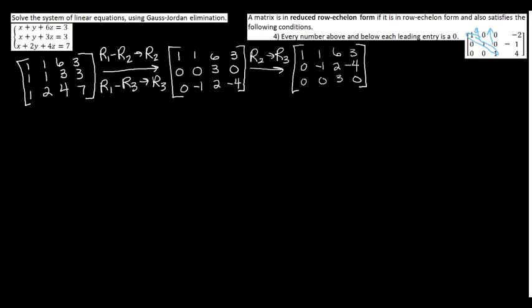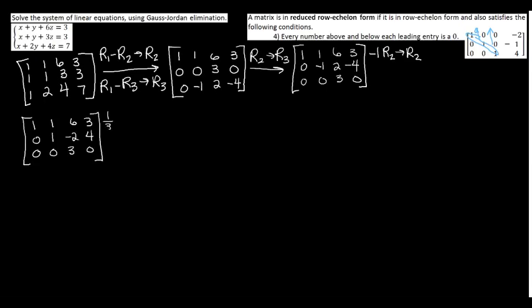I'm going to take row 2 and multiply it times -1 and stick it back in row 2. That keeps my first row the same, 1, 1, 6, 3. 0, 1, negative 2, and 4 is now the second row, and my last row is 0, 0, 3, 0.